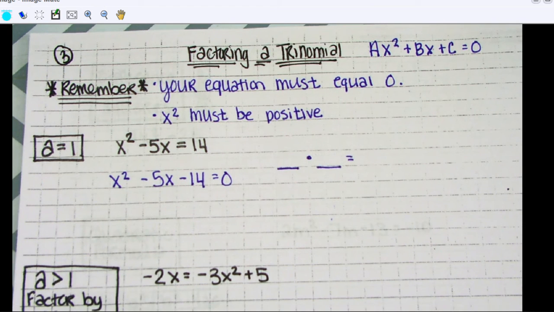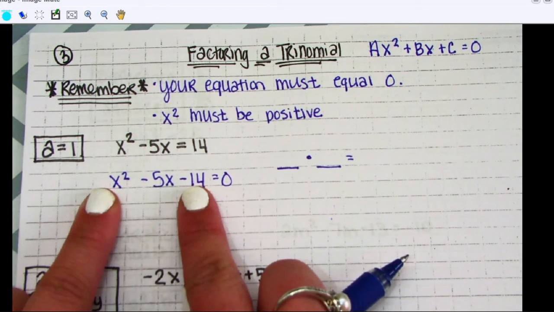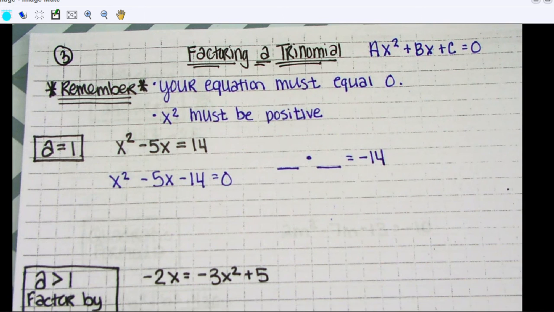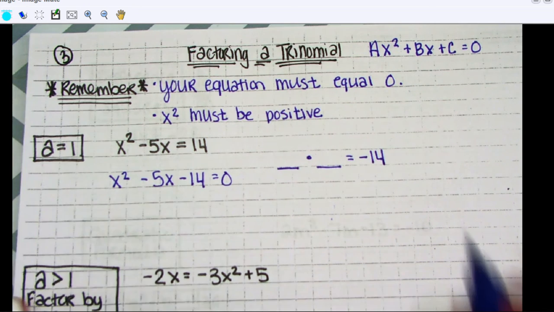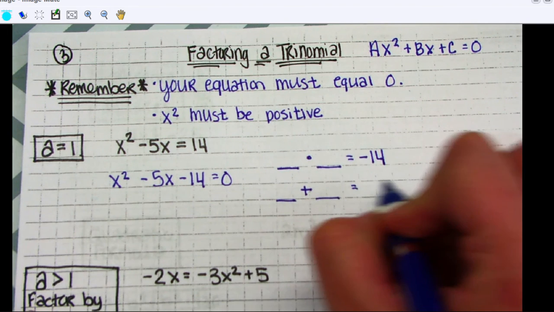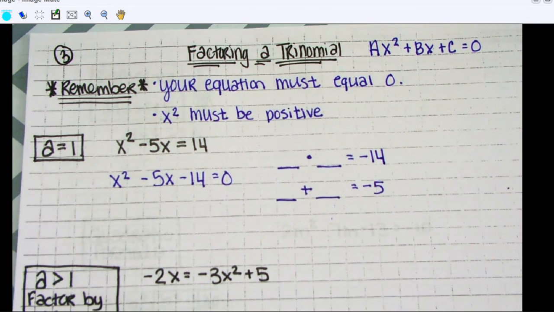Anytime A equals 1, you're basically just multiplying. 1 times negative 14 is negative 14. Two numbers, I got to have them multiply to negative 14. Those same two numbers have to add to equal what? That negative 5 term in the center.